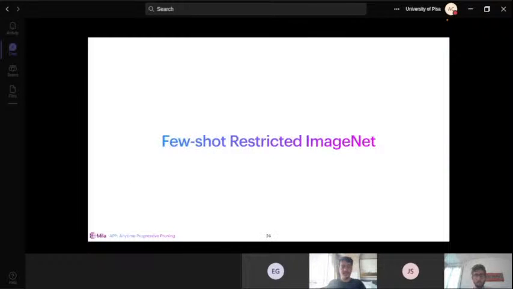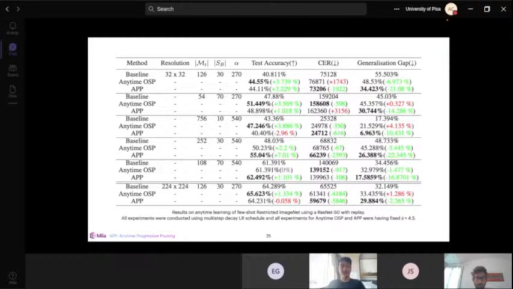Let's see some results on few-shot restricted ImageNet. The reason we use restricted ImageNet in general is that it is popularly used for measuring robustness, because it's also a subset of ImageNet, and it has only 14 classes, which is similar to CIFAR 10 and 100 in structure. It is also because our runs are very costly, because on each megabatch we train the model for 182 epochs.